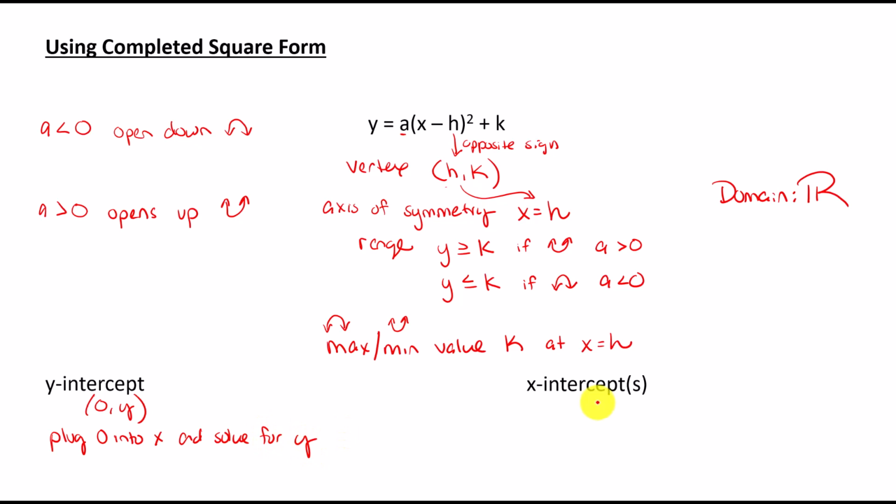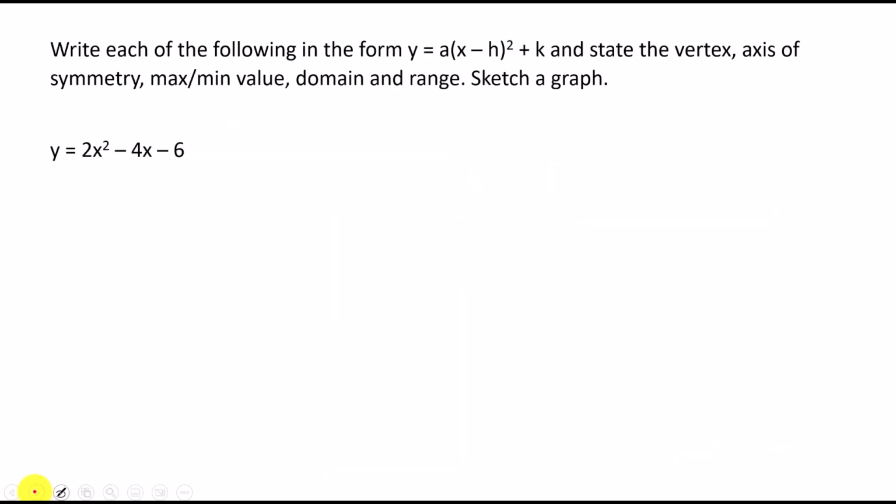For x-intercepts, we're going to have an x value, but y is 0 because it occurs on my x-axis. And so to find those, we're going to plug 0 into y and then solve for x. Okay, so this stuff you need to know really, really well. So let's look at some examples.